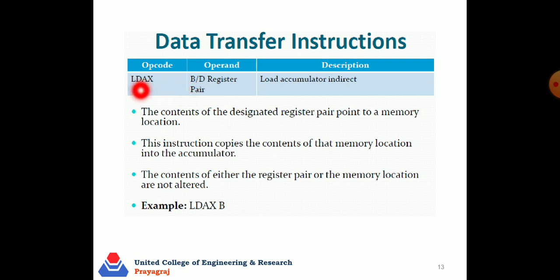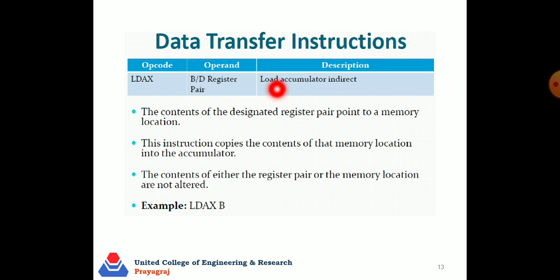So the meaning of LDAX here: LD stands for load the data, A stands for accumulator and X stands for register pair, which is mentioned here, BC or DE register pair.